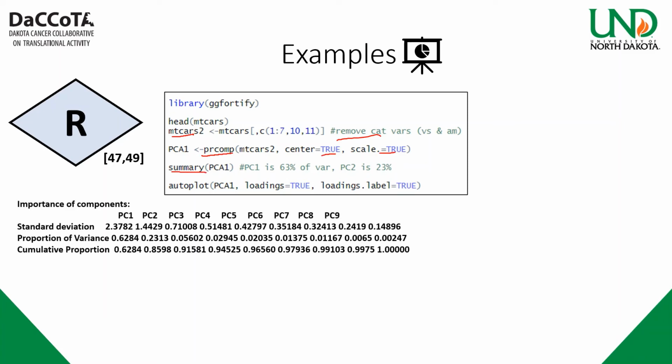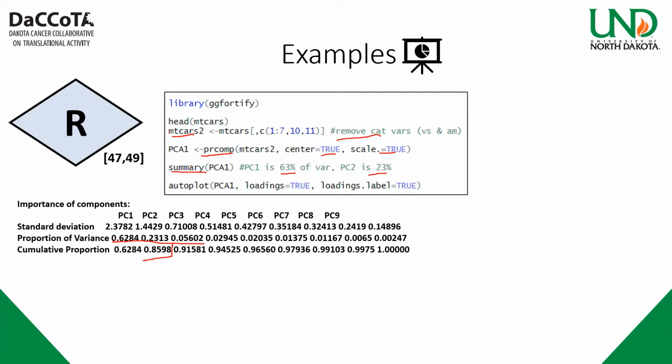And so there's going to be a bunch of principal components, and then what's really helpful a lot of times is this proportion of variance, how much variance each one explains. Usually we only want the first 2 or 3. It turns out the first 2 combined cumulatively show about 85% of the variation. So one by itself is over half, the other is about a quarter.